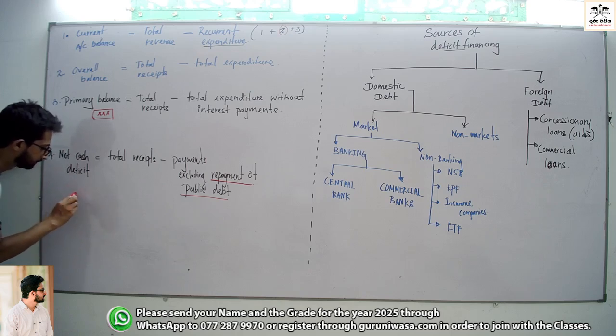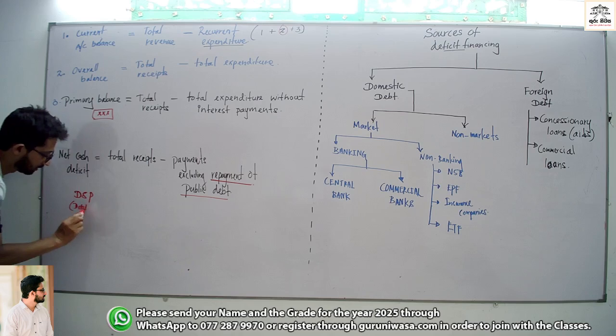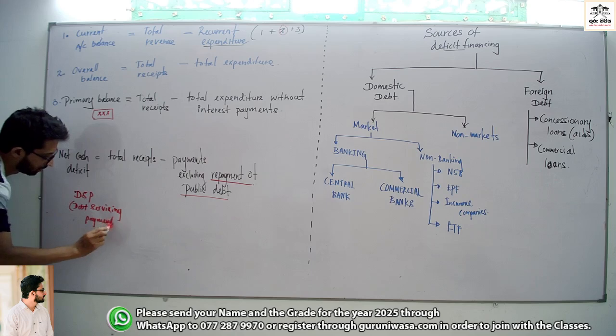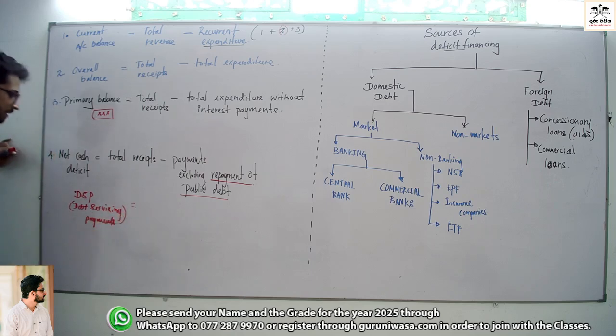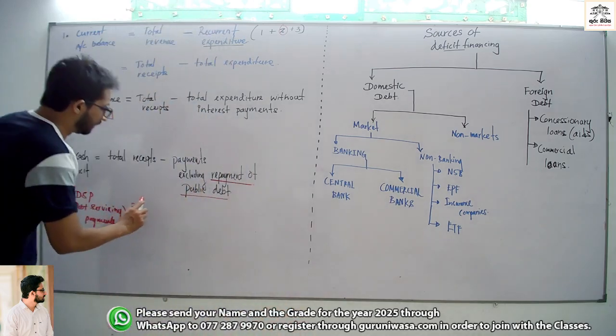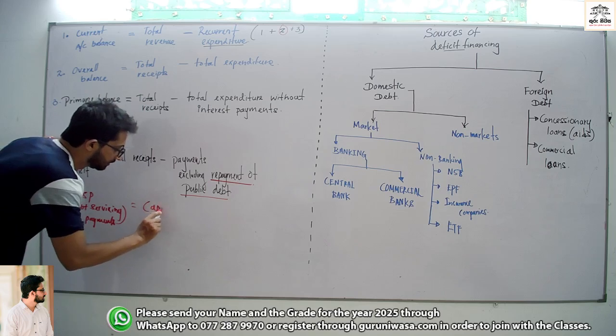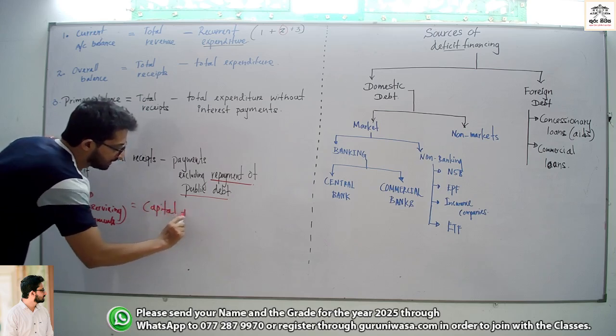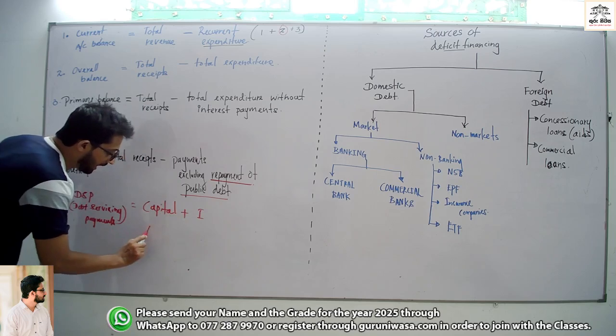Debt servicing payments include two concepts. Number one, the capital amount, plus interest. This is called the amortization part as well.